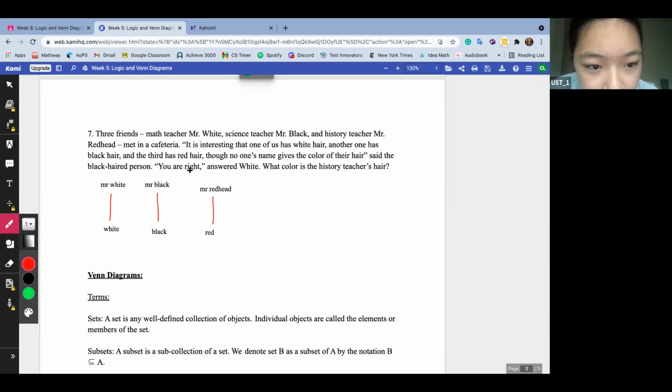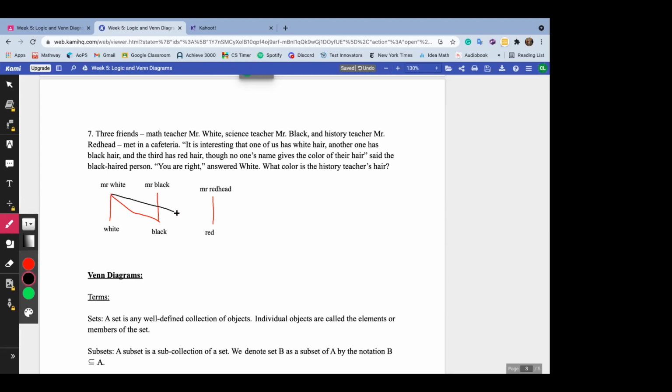The black-haired person, Mr. White answered the black-haired person, which means that Mr. White can't be black. And because Mr. White can't be white or black, Mr. White will have to be red. Wait, so Mr. Redhead is black.